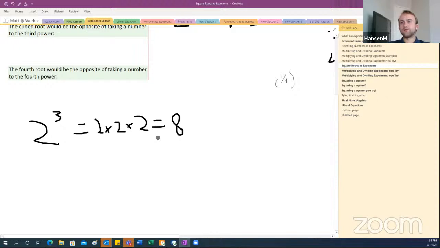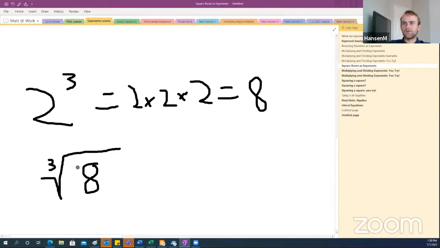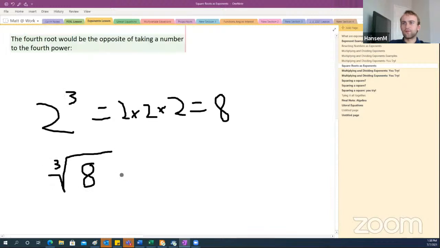The opposite of that would be the cubed root. You would write it with similar notation as the square root, except you'd write a little 3 on your symbol. Or instead of 1 over 2 as your power, you could have it to the power of 1 over 3.